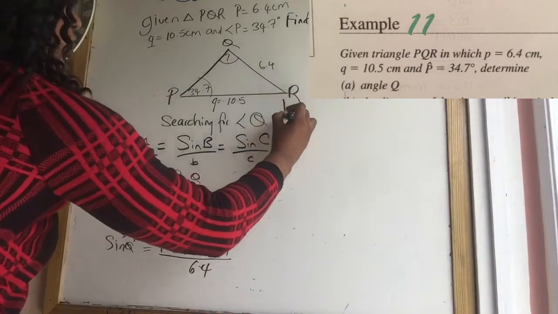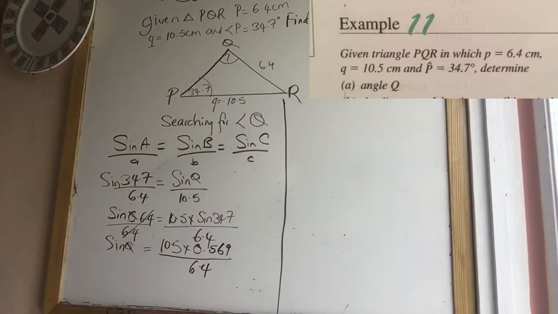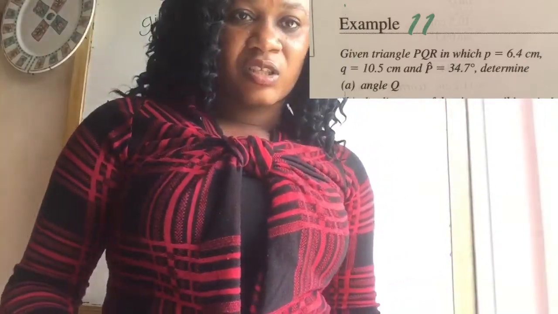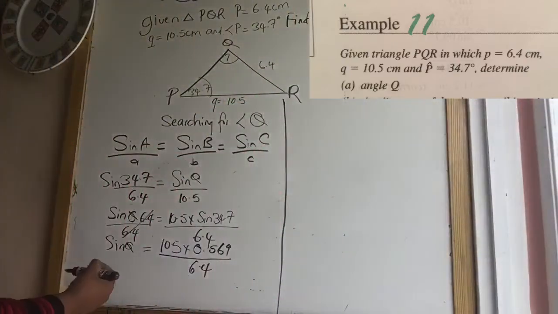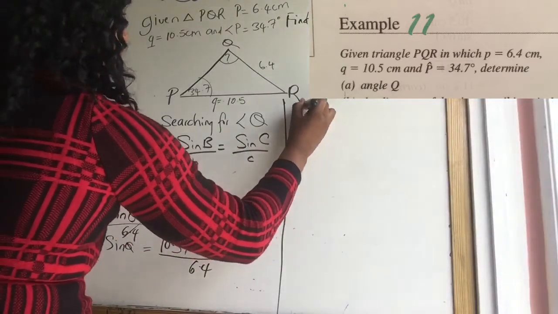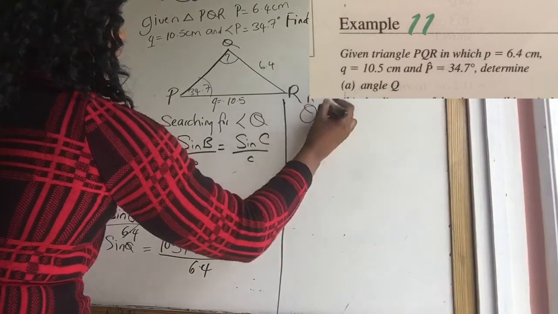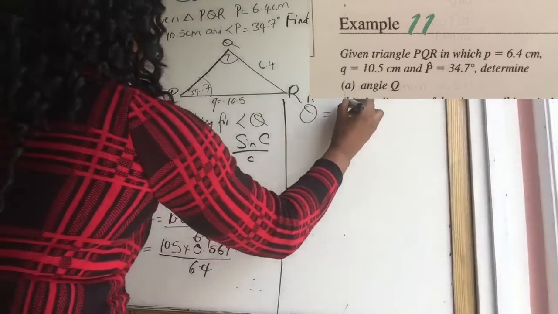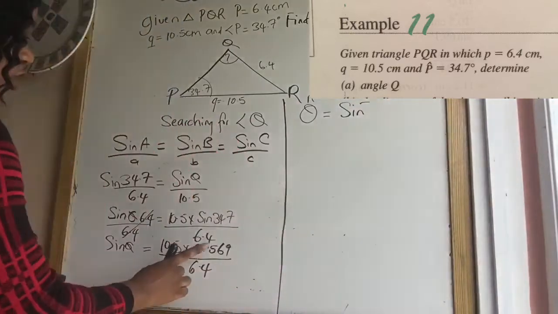So let's go over here to continue. Now I want to find my angle Q. And guys, remember that when we're trying to find an angle, we do the inverse. So we want to find angle Q, so we're going to do the inverse. So my angle Q will now be equal to sine inverse of whatever this is.